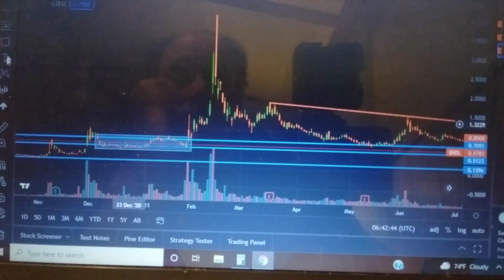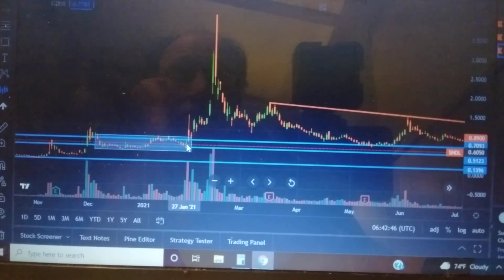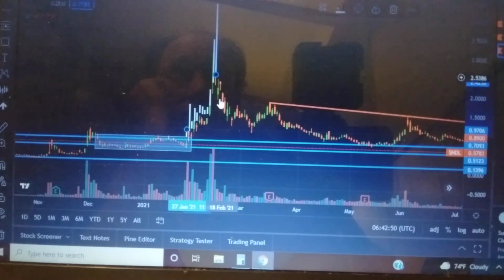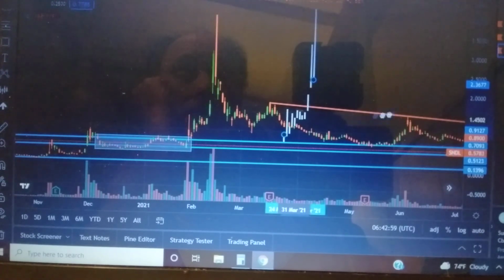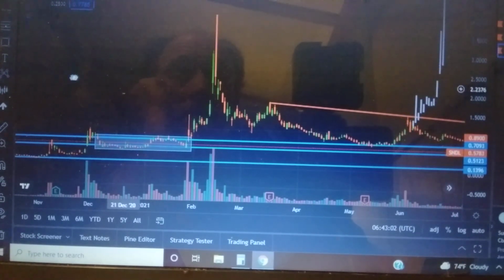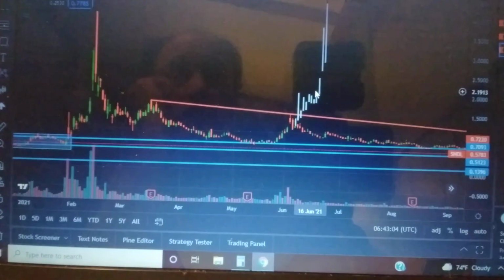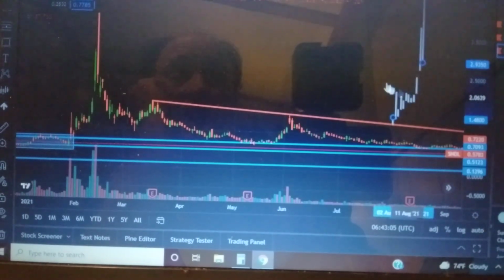But from here, let's do the bar pattern to the top, and it gives us a carbon copy of what should be coming. We found what was, and now we're looking for what should be. We come over here, we drag our what should be lines.